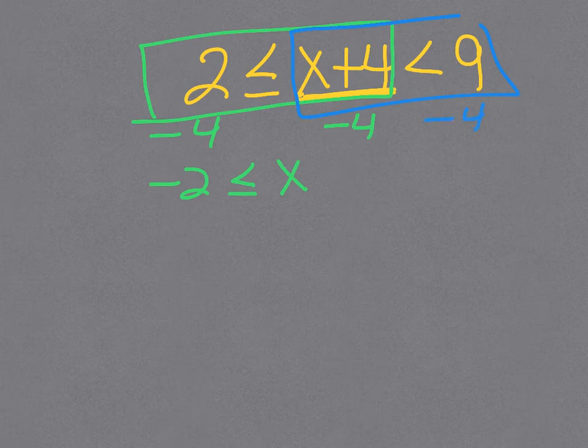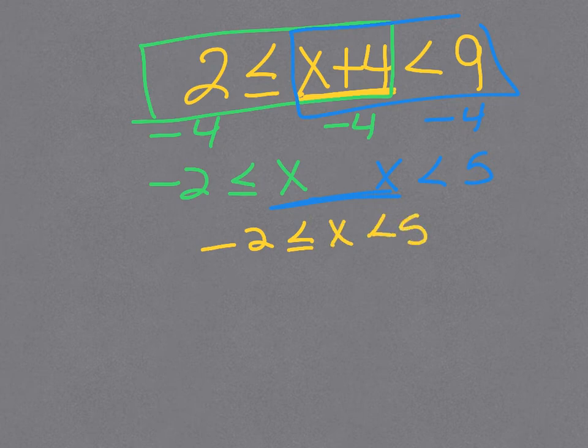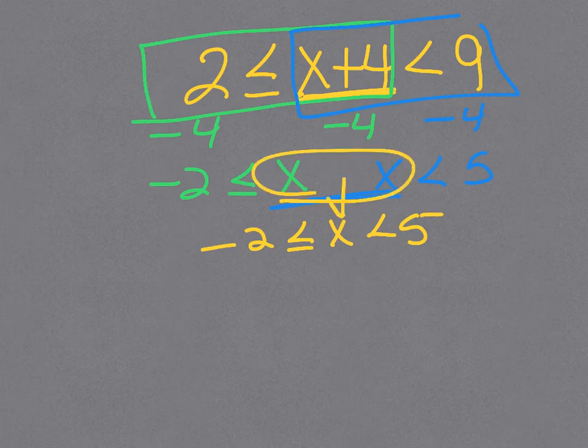We're subtracting 4 from both sides on it. So x is less than 5. Now, I don't need both those x's there, so I can just write -2 is less than or equal to x, which is also less than 5. Okay, I just combined those down to that one x.